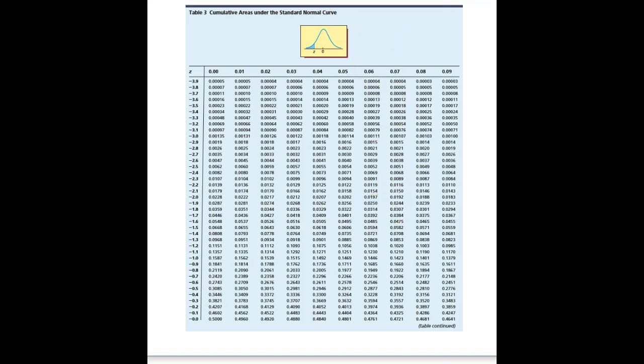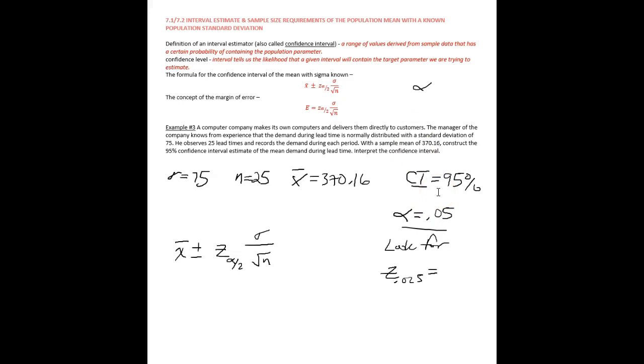Okay, so we go back here and 1.96. Okay, so think about this in terms of taking an x bar, so an x bar kind of right here, and we're varying it a certain number of standard deviations. So we want to vary it to here and vary it to here.